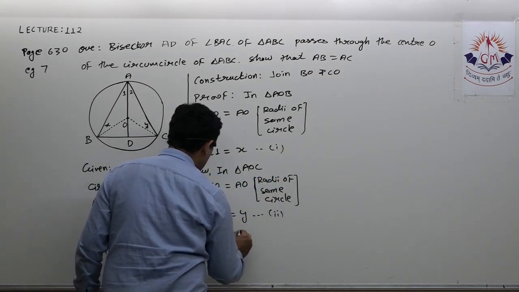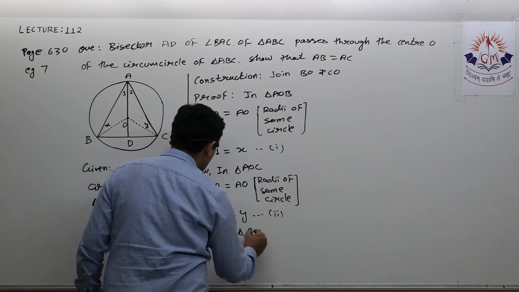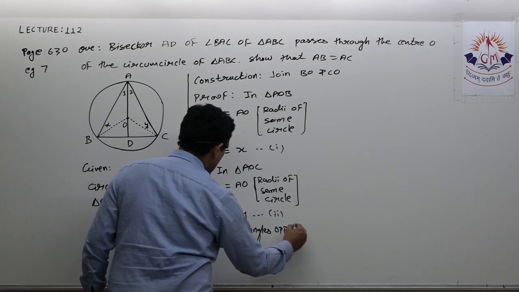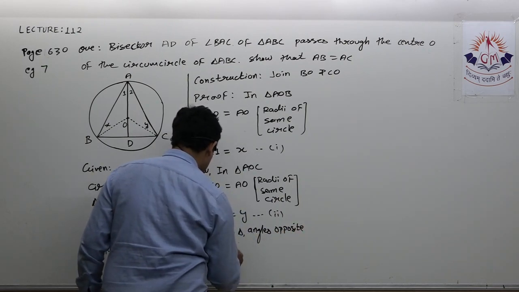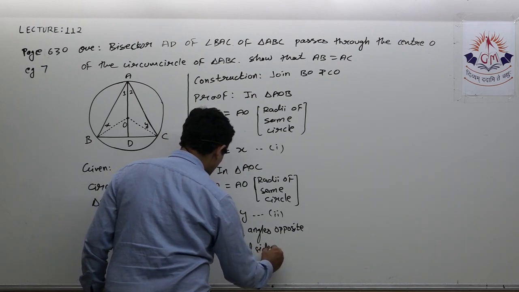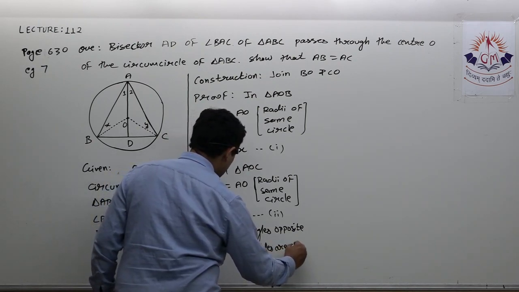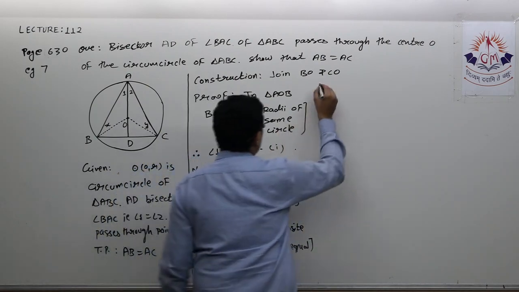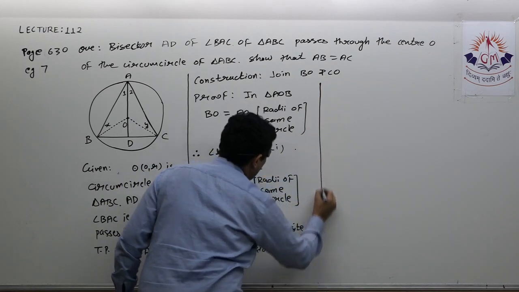Here there is no space, so I am writing the reason over here: in a triangle, angles opposite to equal sides are equal. That you have to write here again. I'm not writing that, it's okay.